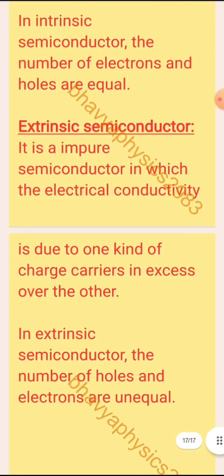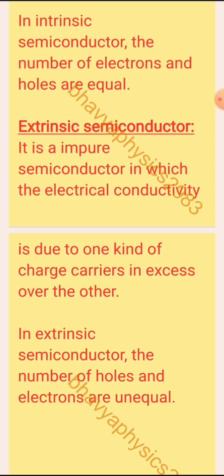Whereas an extrinsic semiconductor is an impure semiconductor in which there is doping. When we add some other dopant atom, one kind of charge is always in excess of the other. For example, holes are majority carriers, or electrons will be more in number than holes.